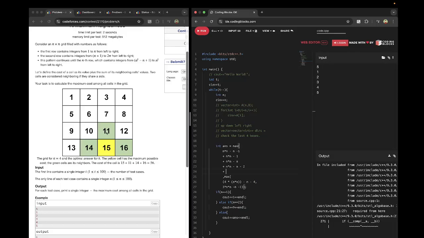So n square minus n probably. Whatever the number is, that minus. So that's this minus n, which is 2n. 2 into n. Let's try this one.